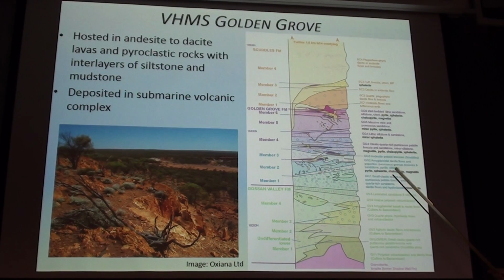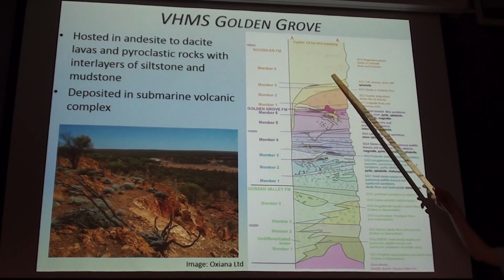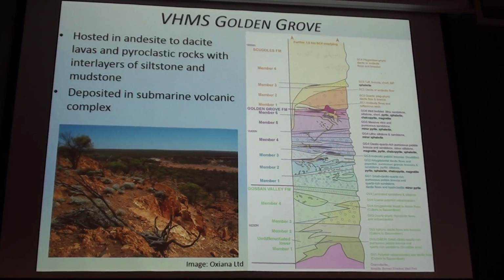And in certain horizons, we find disseminated to massive pyrite, sphalerite, chalcopyrite, pyrrhotite as well. And then at the end, there was this big eruption of andesite and dacite to bury the whole system.